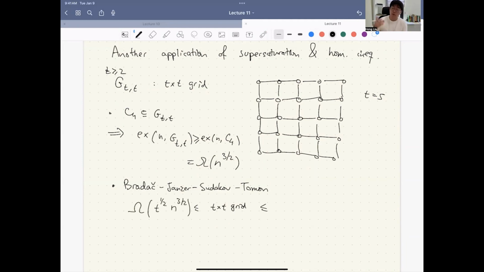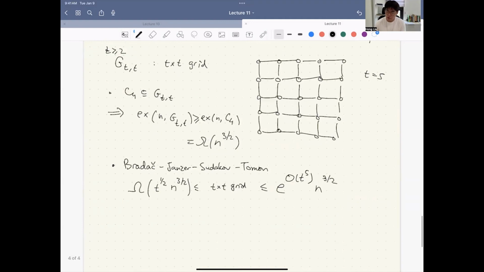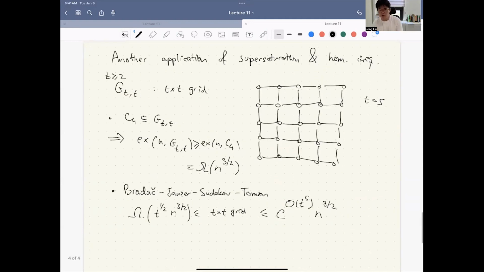So as T gets larger and larger, we do have a better lower bound than the C4 one. The upper bound they have is exponential in T to the 5, in fact, times n to the 3/2. So that's their result. Their proof is not long but fairly involved, using some initial weaker bound, and then using the tensor power trick to boost, bootstrap the bound to the tight one.